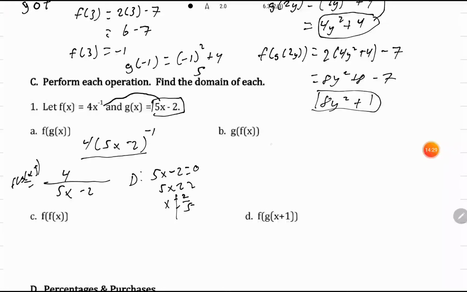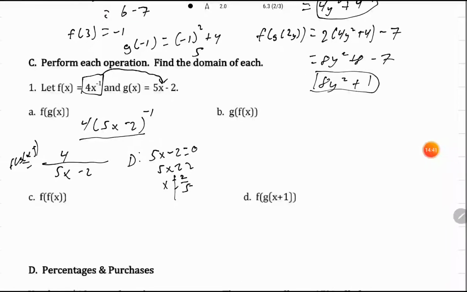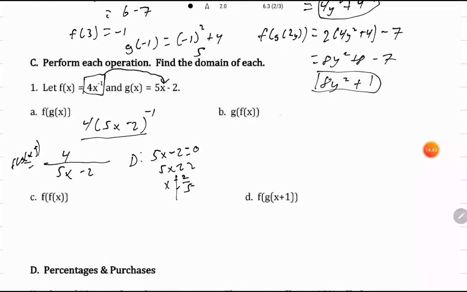Okay, g of f of x. So we're taking f of x now. I'm going to take f of x from part B and plug it into here. So 5 times 4x to the negative 1, and then minus 2. So 5 times 4 is 20.